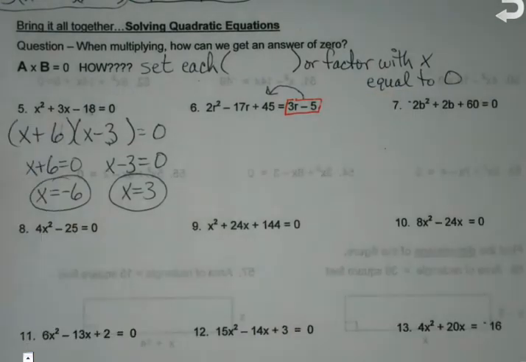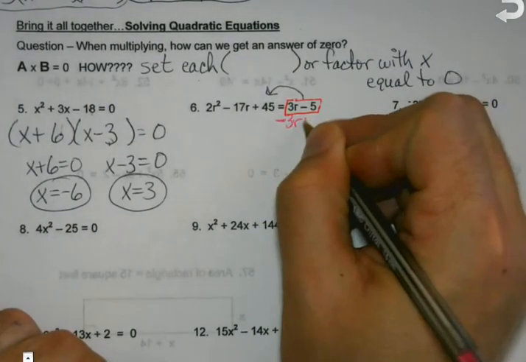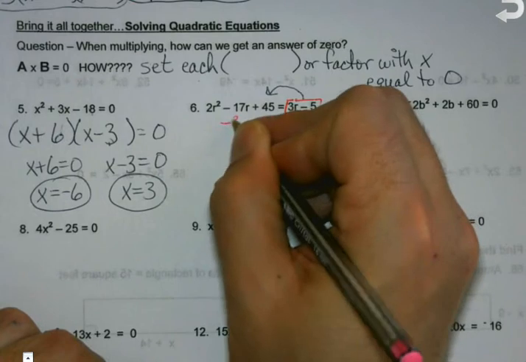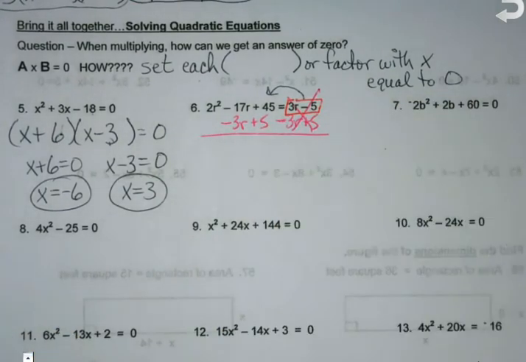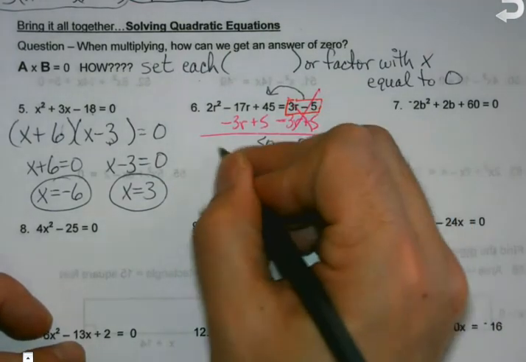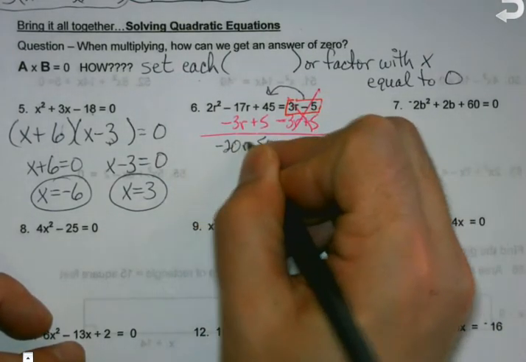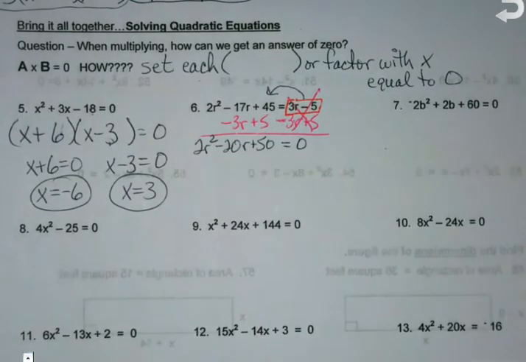So in this case, I'm going to subtract the 3r and add 5 because I want this side of my equation to equal 0. Okay, so we always need to start with equals 0. If it's not, we need to do whatever operations we need to make sure that happens to be the case.